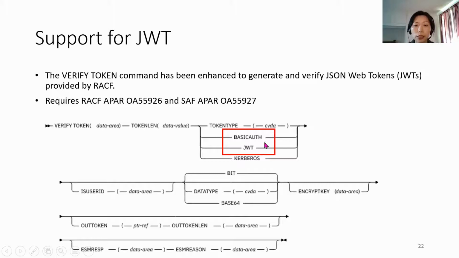The basic auth option is for the client to provide a user ID and password, and then RACF generates the JWT token as an output token to the client. Then the next time the client makes another request, it supplies that token and tells CICS that it is a JWT token. So this is packaged support for JWT.